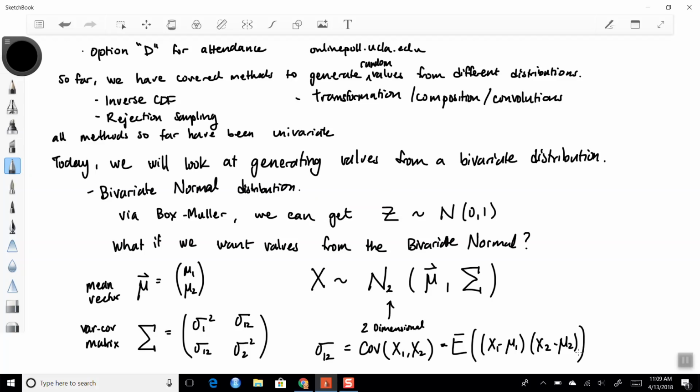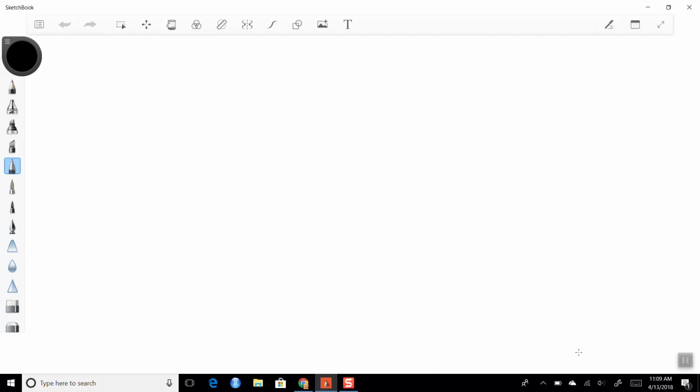All right, so can we do this? Well, so far, what we can do, we can generate two-dimensional Z's, okay, where we will say Z is equal to Z1, Z2, where Z1 comes from normal 0, 1.